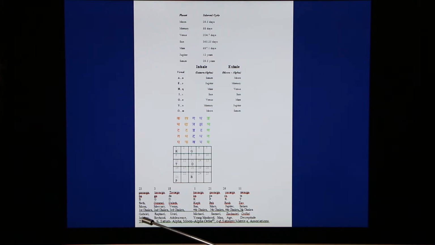The angels Gabriel, Raphael, Uriel, Michael, Samuel, Zachariel, or Raphael, in terms of ages of man: infancy, boyhood, adolescence, young manhood, man, age, decrepitude. Letters B, G, D, K, P, R, T. And so I have the 7 double letters. I have the ages of man. I have the 7 planets.